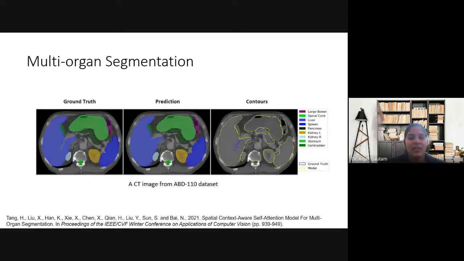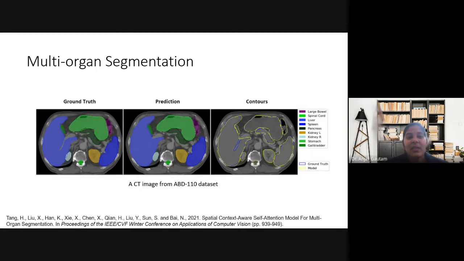Just see, this is just an example. This is a CT image from the ABD 110 dataset, from a recent publication by Tang et al. in 2021.